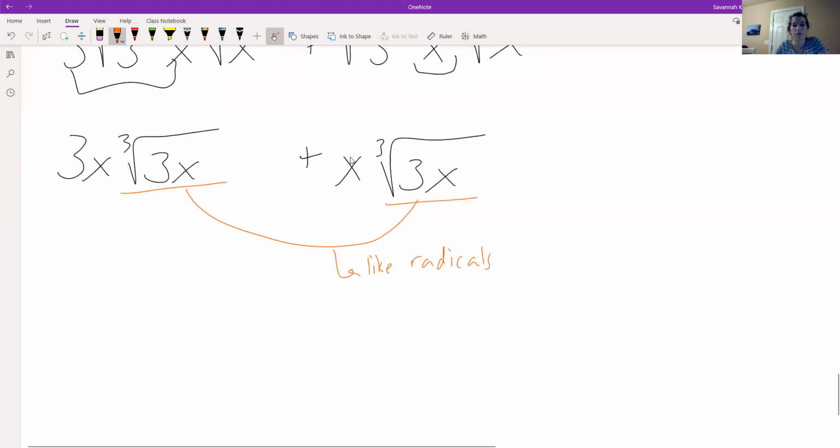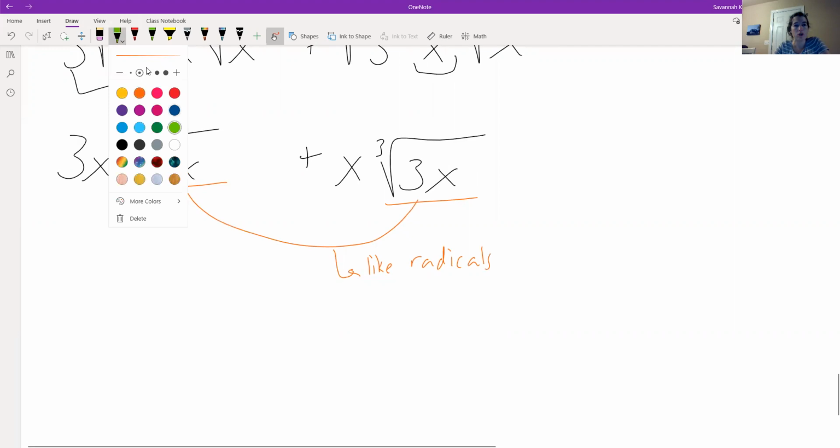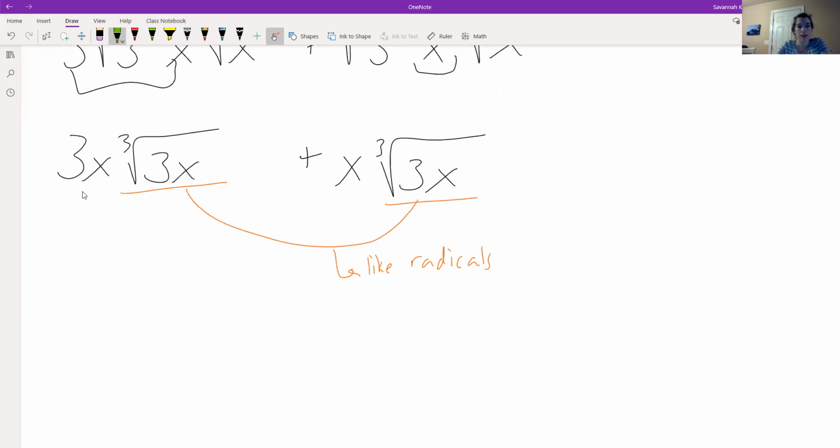Notice the presence of an x out front. We now have to make sure that the x's match too. So in a broader sense, the like radicals have to be part of like terms.